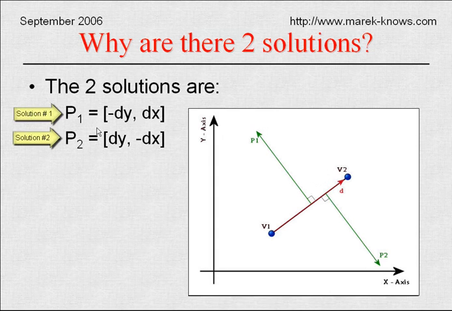Again, the formula for the perpendicular is minus dy, dx, and the other one is dy, minus dx. You see here, this perpendicular to our original line is labeled P1. The other perpendicular is the negative of this one, so P2 is equal to minus P1. In 2D, this means that it's pointing on the other side of our original line.